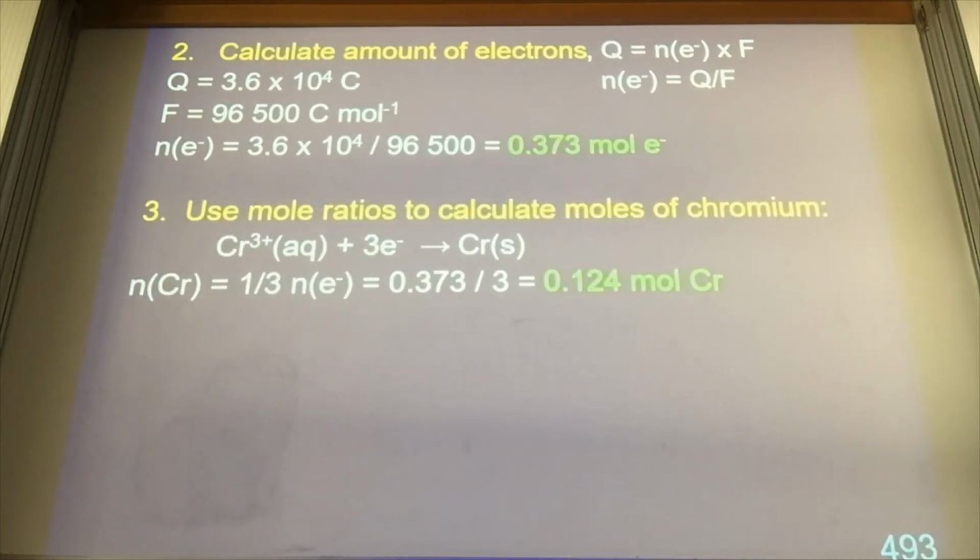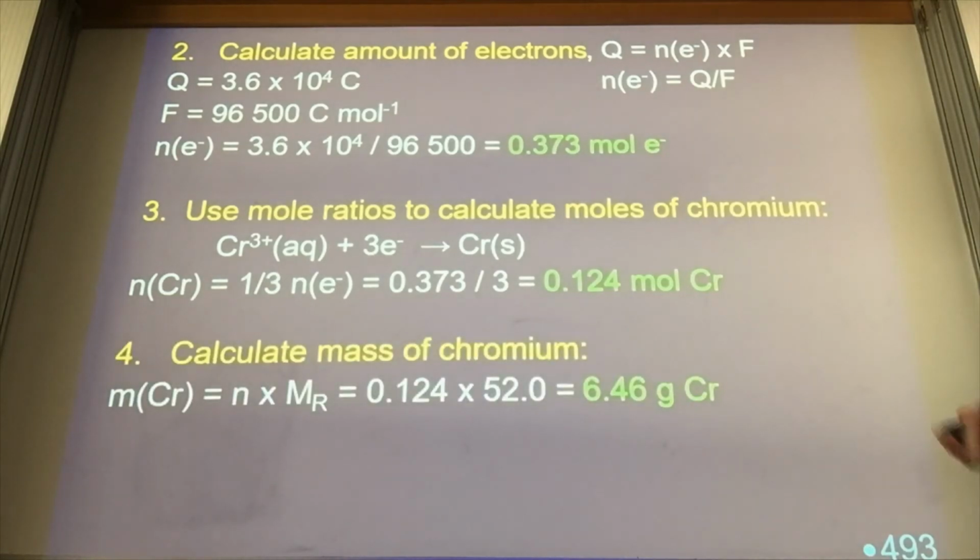Then once we've got our moles of electrons, it's a simple matter of mole ratios to calculate the amount of chromium. So it's a 3:1 mole ratio. So we want chromium metal, we've got electrons, so want over got is 1/3, that's what we multiply it by. That gives us the moles of chromium. And then simple mass formula will give us the mass.